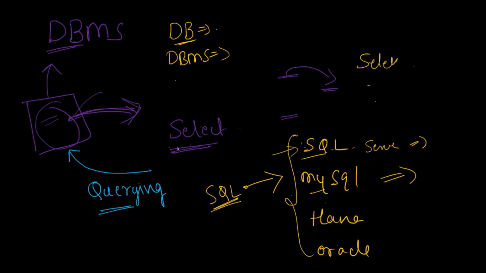As a database user, you will write a query and fetch the data from the database. This process is called querying the DB. This is very basic about DB and DBMS, whatever we need to know to learn SQL. We can actually spend hours and hours together to understand the in-depth about the databases, but to learn SQL, I guess this much is enough.